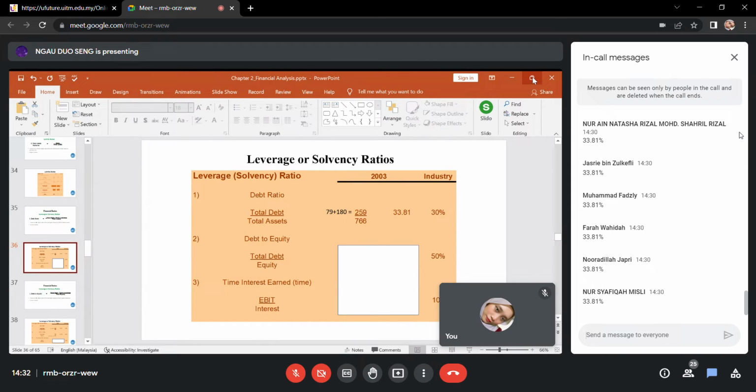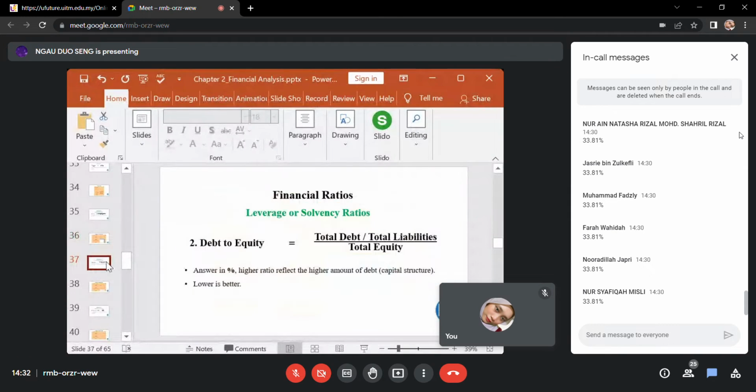Next we check the debt to equity ratio, which is total debt divided by total equity. The answer is also in percentage. A higher ratio reflects a higher amount of debt in the capital structure. For this one, lower is better, meaning you are using less debt as compared to equity.